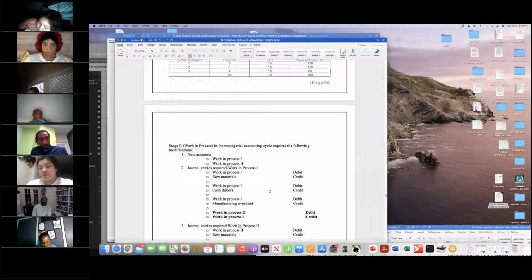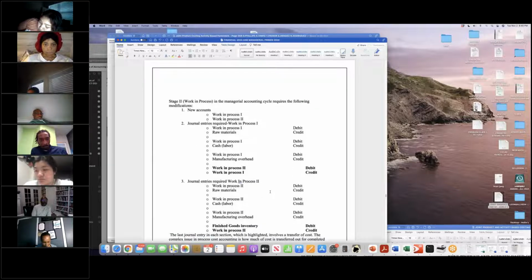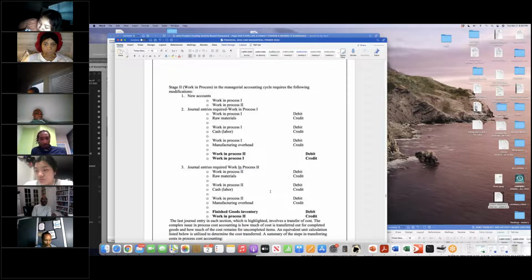So let's look at process costing. You've got a work in process 1 and a work in process 2. In work in process 1, we transfer in the raw materials, do the labor, allocate the overhead.